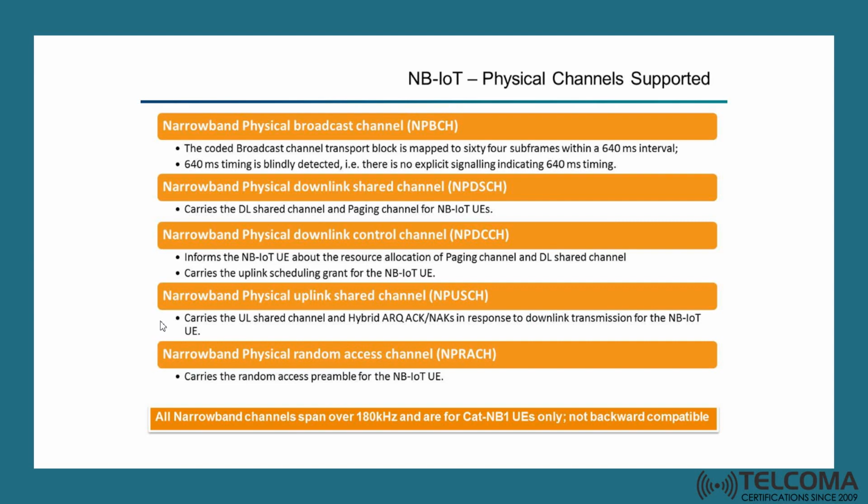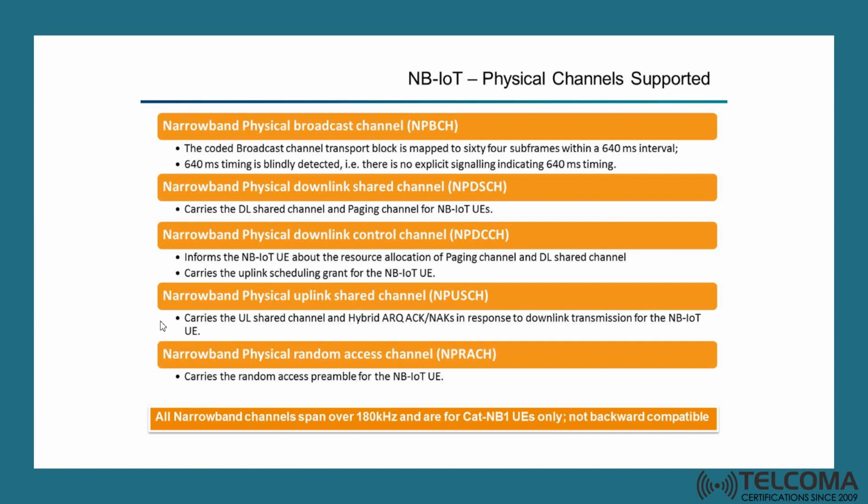And the narrowband physical downlink shared channel carries the downlink shared information and paging information as well for NB-IoT UEs. The physical downlink control channel NPDCCH informs the NB-IoT UE about the resource allocation of the paging channel and DL shared channel. That is, we will get DCI information here in NPDCCH, and it even carries the uplink scheduling grant for the NB-IoT UE to transmit in uplink.